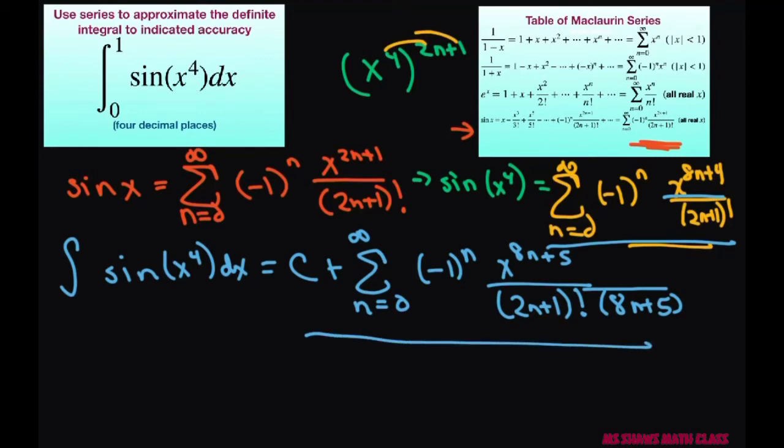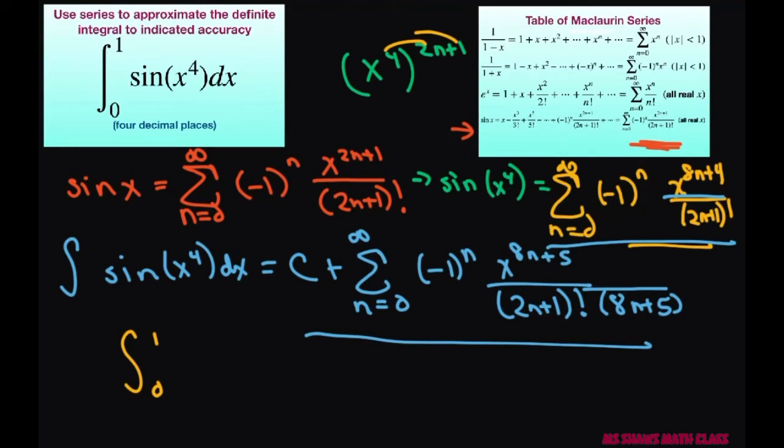Now we have to do the definite integral, and we're evaluating it from 0 to 1. When you do that, the x part is going to disappear.